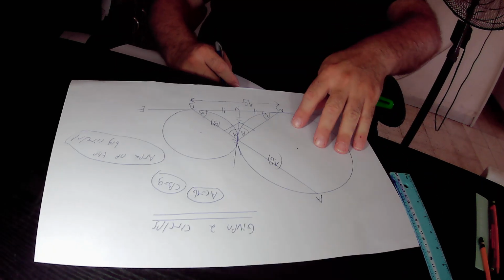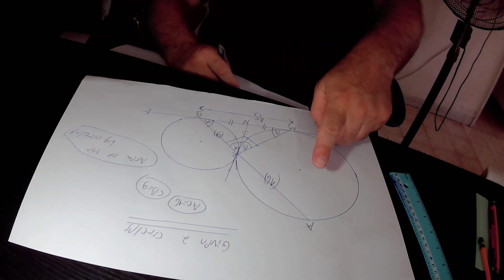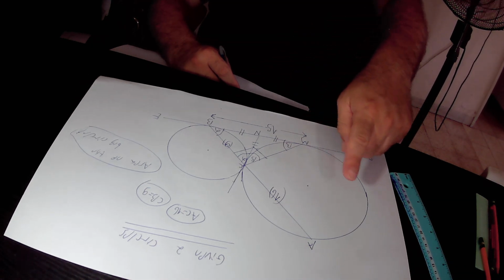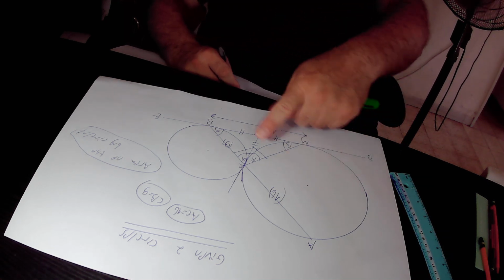Okay, so AB, according to what is given in the question, AB is a straight line.